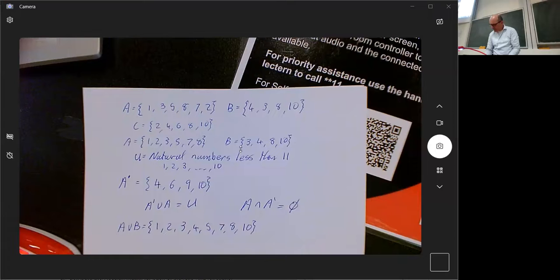So kind of interesting. So maybe what we should do is we should go A intersection B. Now, this means it has to be in both sets.